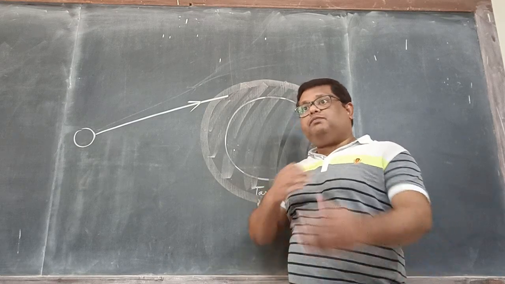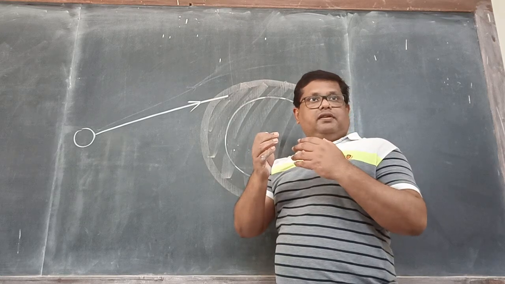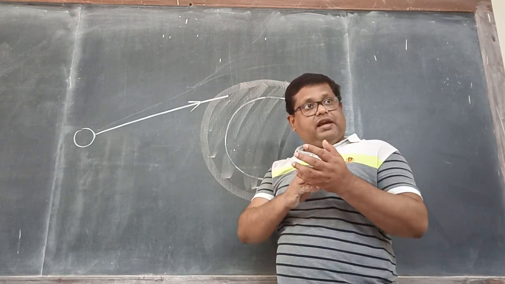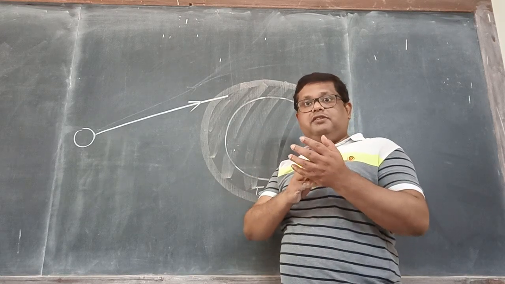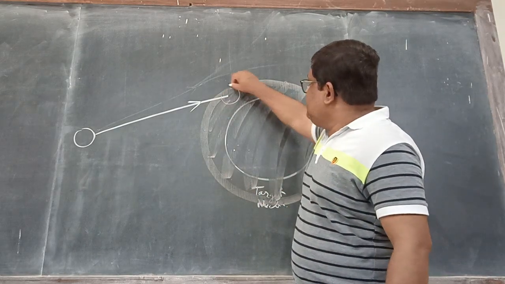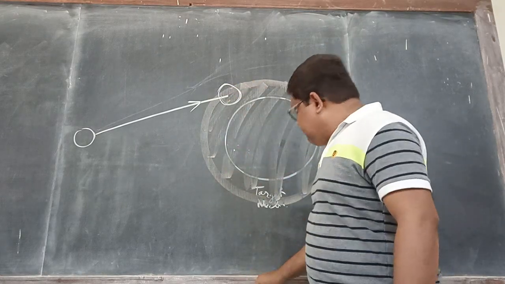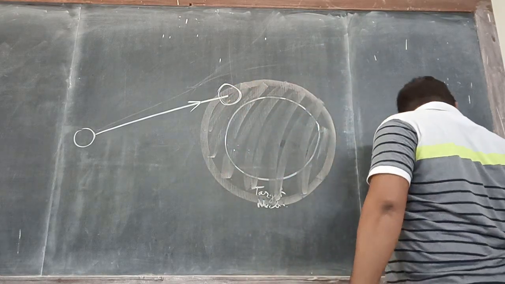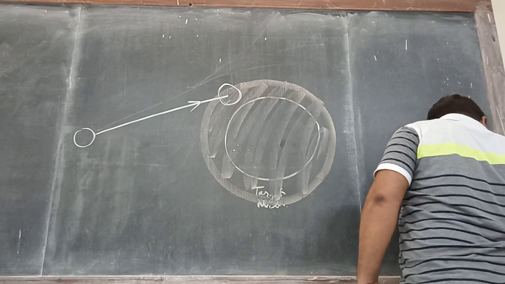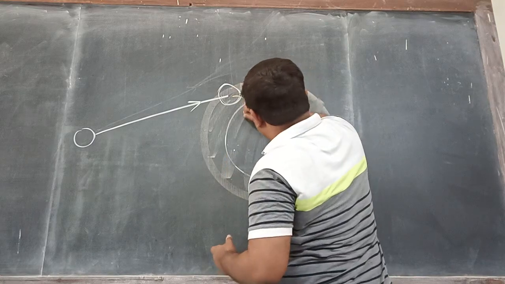There will be some sort of exchange, an exchange of energy as well as momentum. Is it possible? Yes, because the projectile is coming in the range, so it will interact by strong interaction.